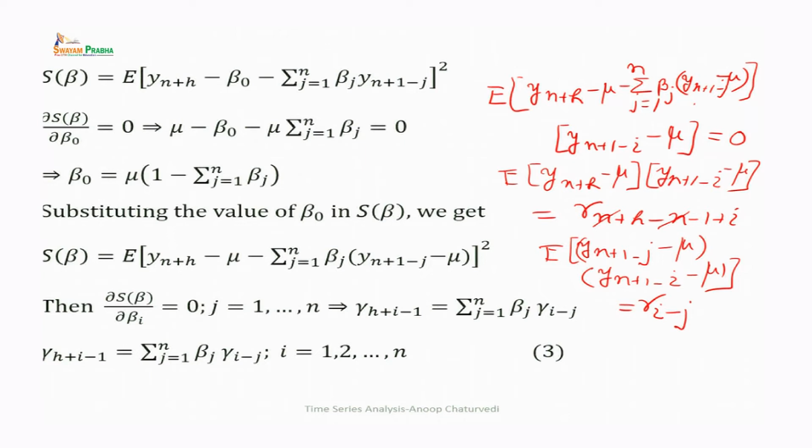So, finally, you can write this equation in the form gamma h plus i minus 1 equal to summation j equal to 1 to n beta j gamma i minus j. So, you get this expression, and i varies from 1 to n.